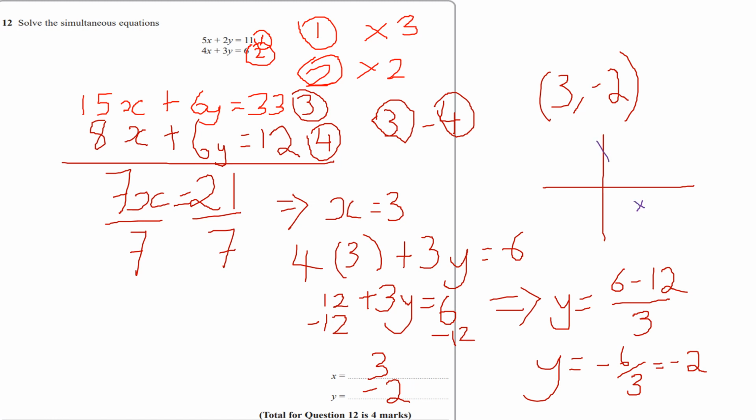One line would look like that, and another line may look like this, let's say, for argument's sake. And where they cross on the graph, that's where you have your solution (3, minus 2). So when you solve a pair of simultaneous equations, they are where the two lines intersect graphically.